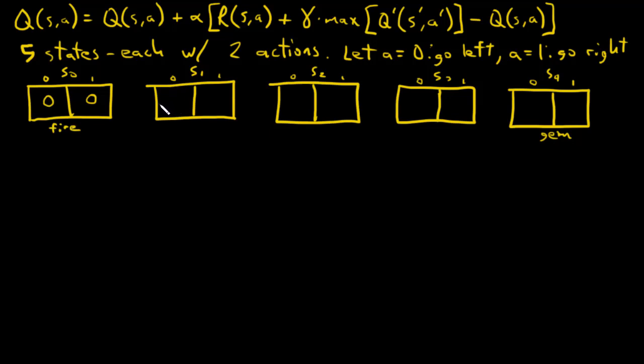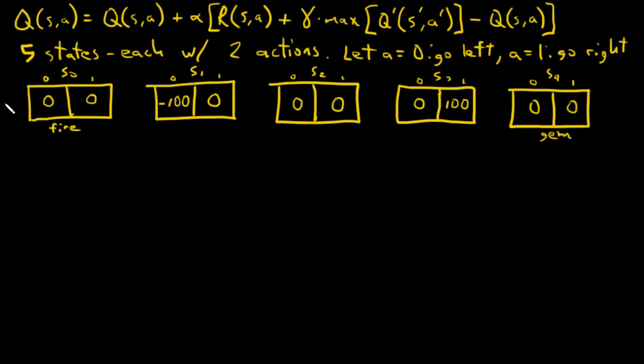So this is where I'm going to put a negative 100. It's not going to have any effect if I go right from that state. Left or right, nothing here. Left, nothing. Right, there's a gem. So I'm going to do a positive 100. And then if I happen to be at the gem and was able to move, I would just put a 0 and a 0 there. So this is our reward table.